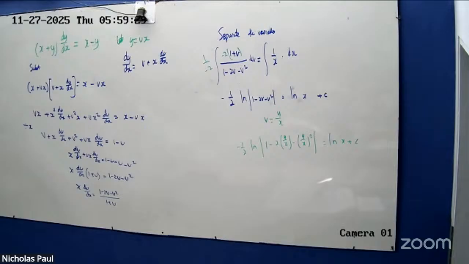What's the trial solution for a sine function? That was lambda sin x plus beta, right?